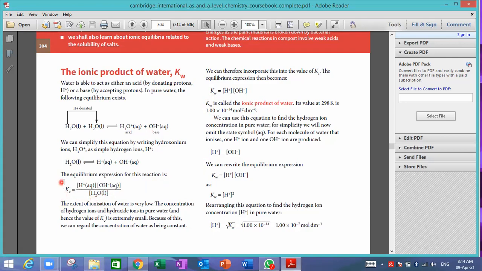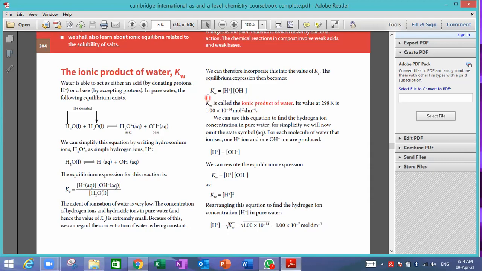But since Kc is a constant and the concentration of the water is considered to be constant, constant times constant will give us a new constant that we call Kw, or the ionic product of water, which is equal to the hydrogen ion concentration times the OH ion concentration. Understand? You understood? Okay.